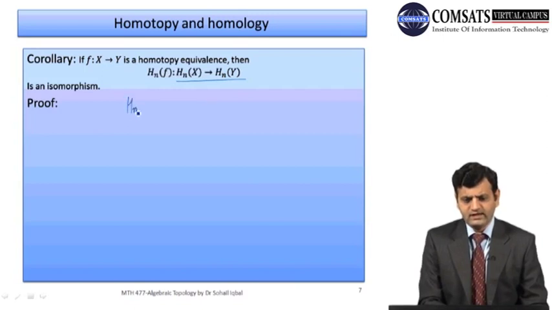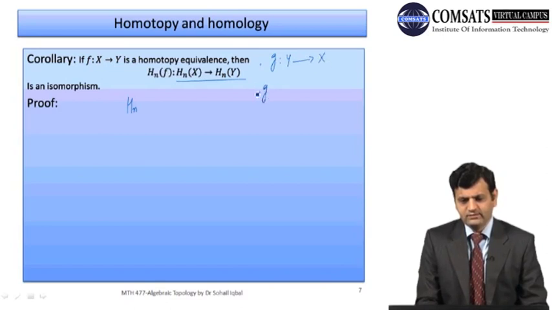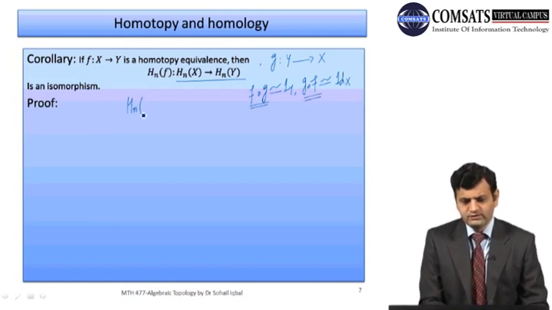Hn is a functor, and if F is a homotopy equivalence, then there exists a map G from Y to X such that F composition G is homotopic to the identity of Y, and G composition F is homotopic to the identity of X. Applying Hn on these compositions, since Hn is a functor, it respects the composition.